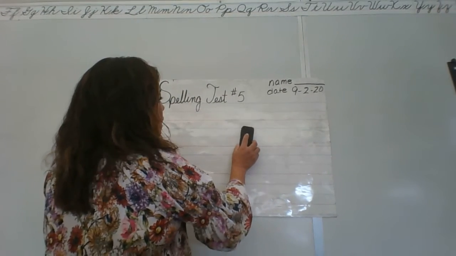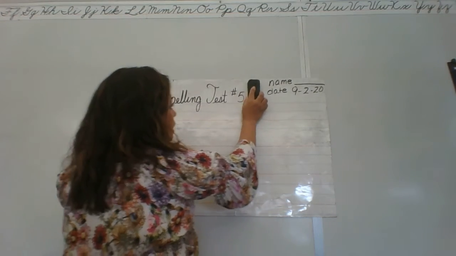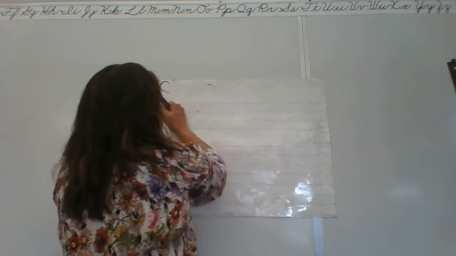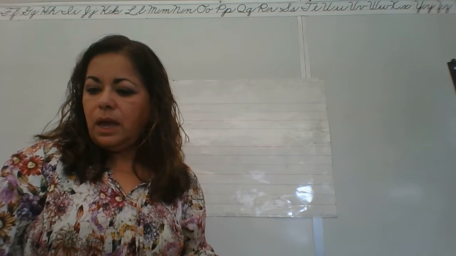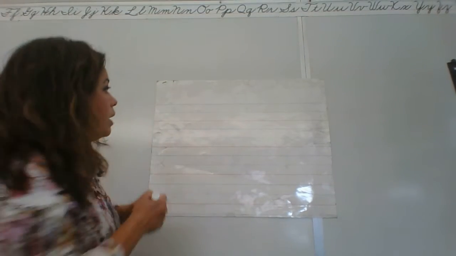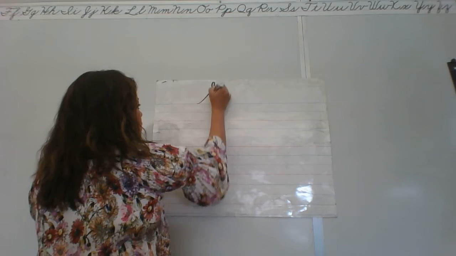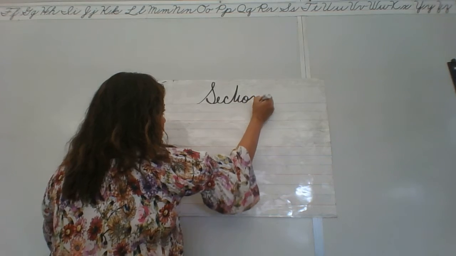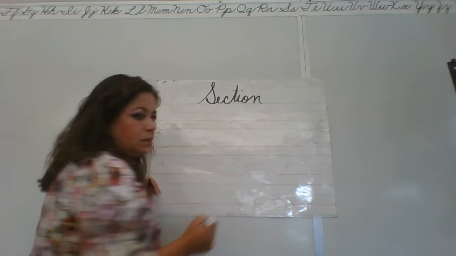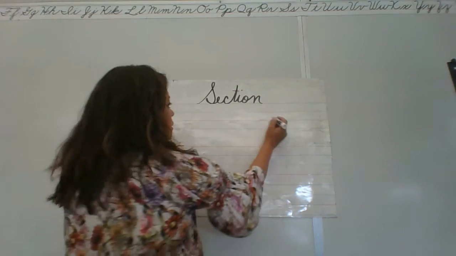Okay. On this section, I'm going to erase this. You're going to fold the paper in half, and on the top, you're going to write section K3.